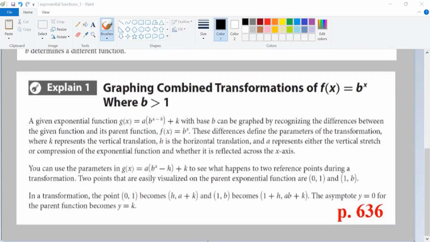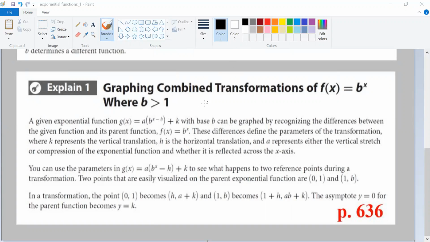They'll be transformed, and we've done this before, when you have a horizontal shift and a vertical shift, a vertical compression, or a vertical stretch. If you read this paragraph, I'm just going to highlight certain areas.